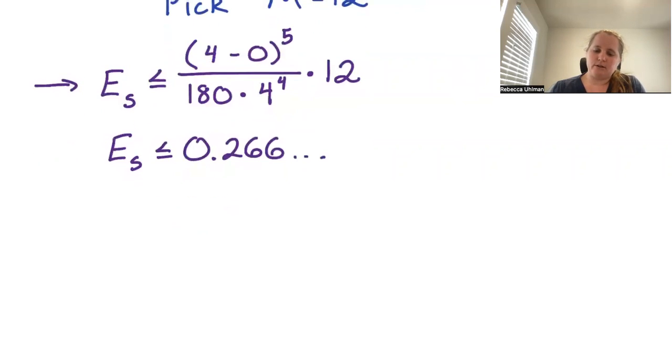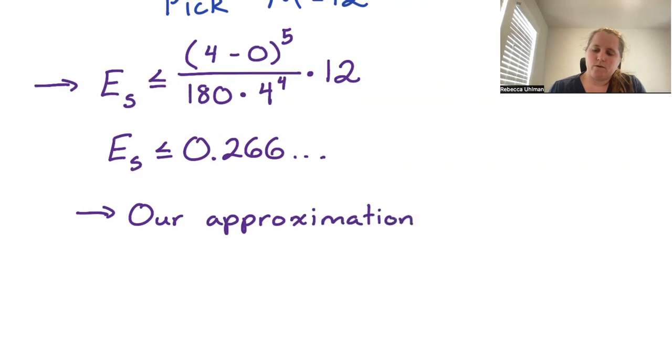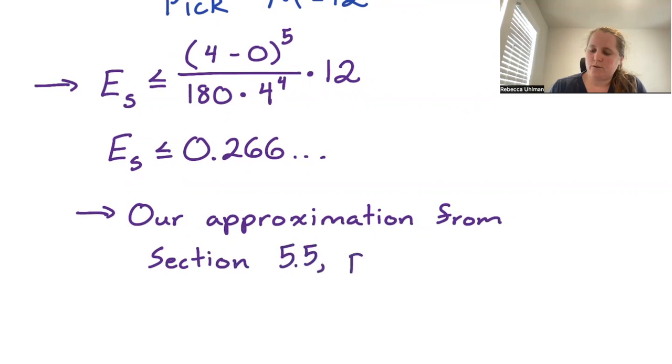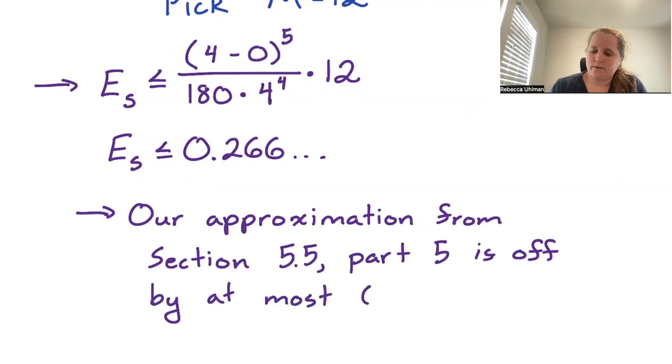So in this case, essentially what we get is that our approximation from section 5.5, part 5 is off by at most 0.266 repeating.